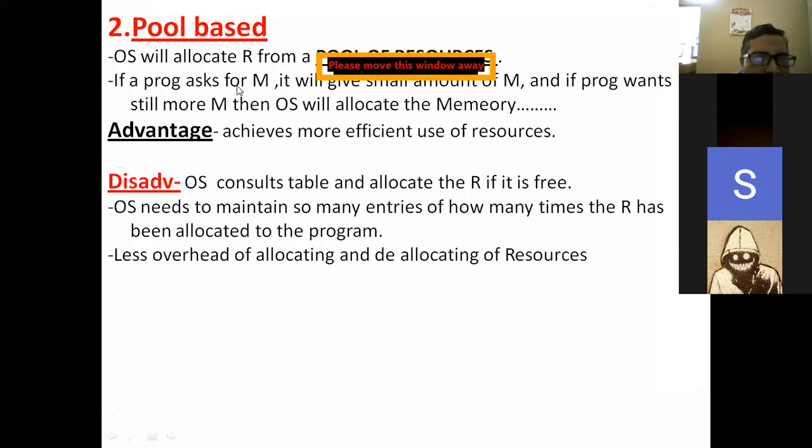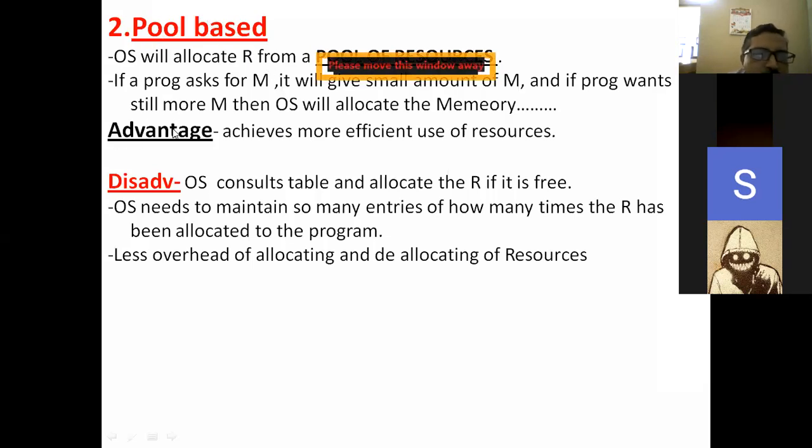Suppose the program asks for memory, the OS will allocate a small amount of memory based upon the request. And if the program is in need of more and more memory, the OS will keep on allocating memory based upon the requests by the processes. This kind of approach we call pool-based allocation of resources.